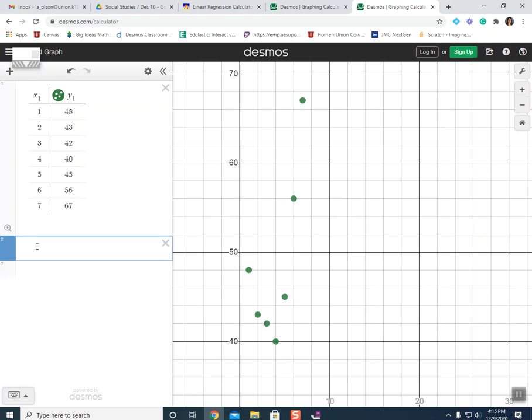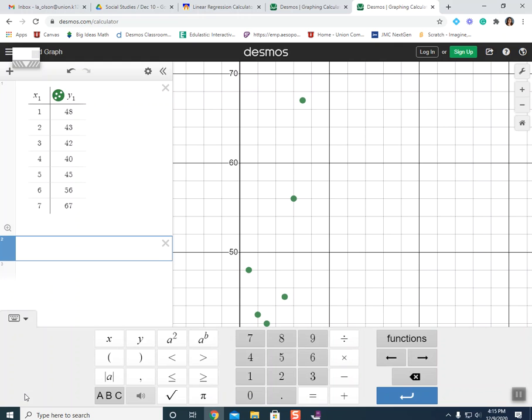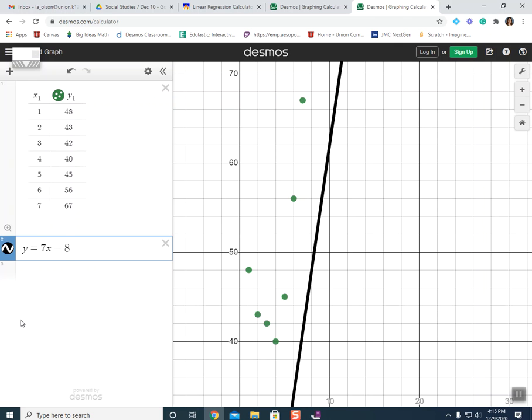And we're going to type in the equation that we were given, y equals 7x minus 8. Woof, that is nowhere close to any of our points, right? Nowhere close. They're all super far off. So that is a terrible representation of our data set.